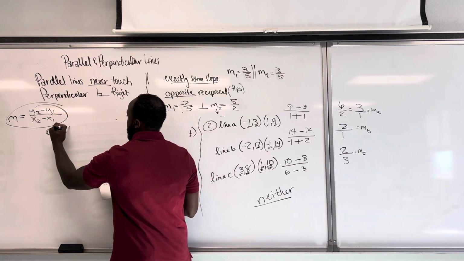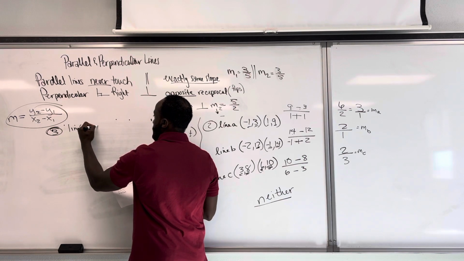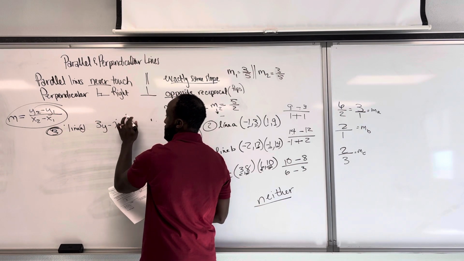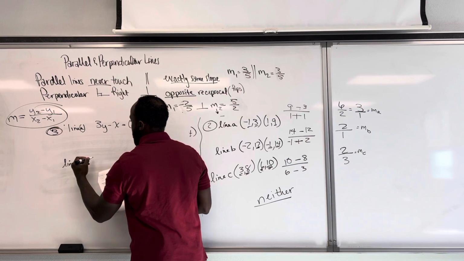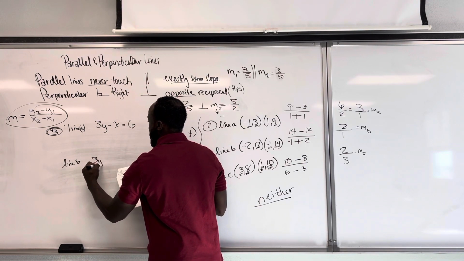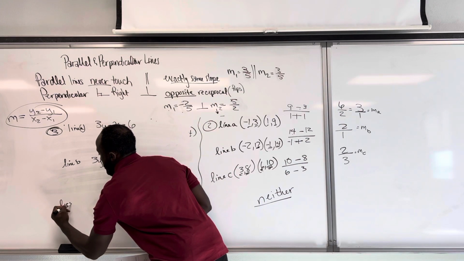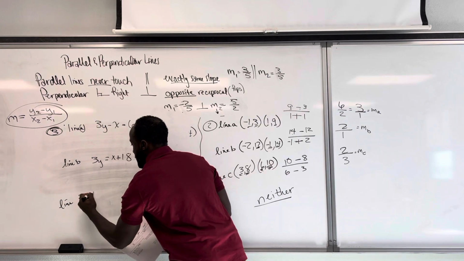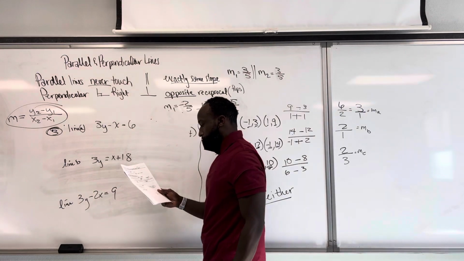So line A's equation is going to be 3y minus x equals 6. Line B, you got the equation 3y equals x plus 18. And then line C, you have the equation 3y minus 2x equals 9, right?